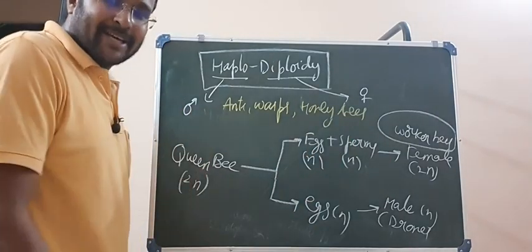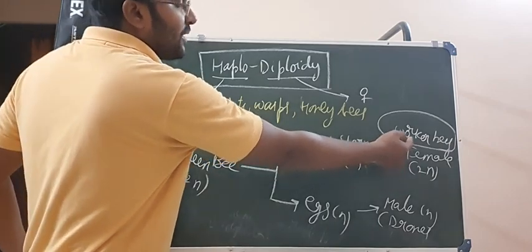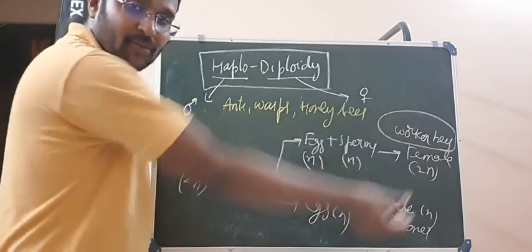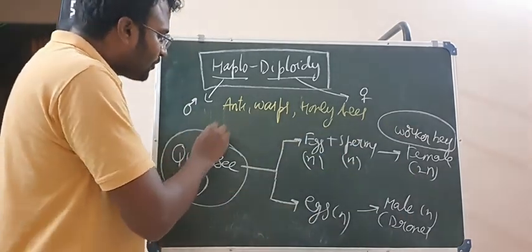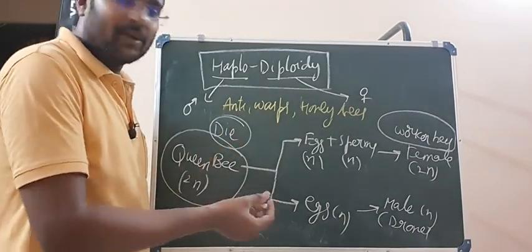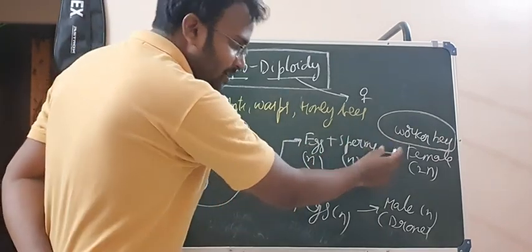So here a doubt arises. If the female bees all are worker bees and are sterile, how does the next queen bee come? Say for example, if this queen bee is going to die, then what happens? When the egg is combining with sperm, larvae are going to get formed.